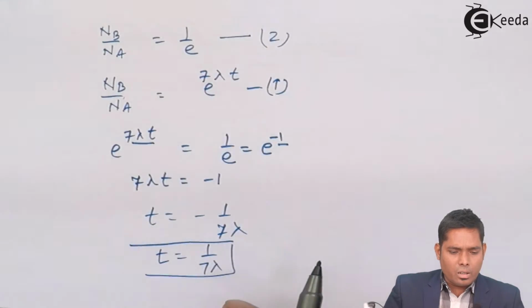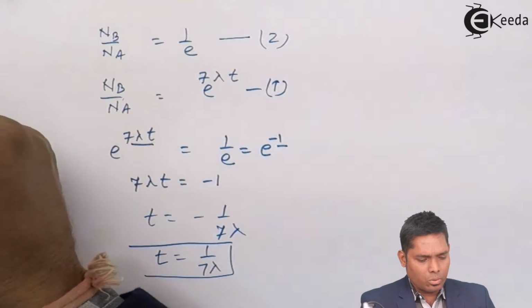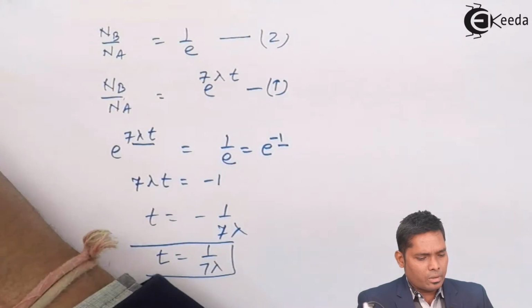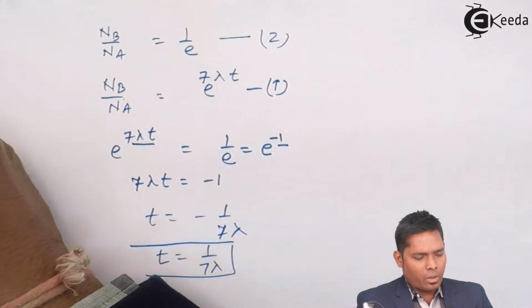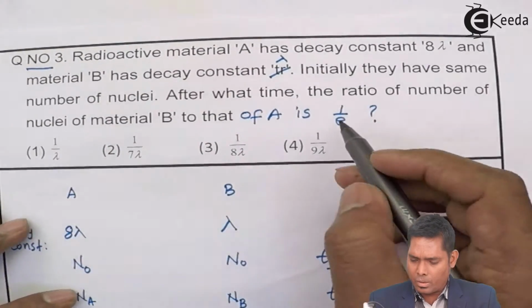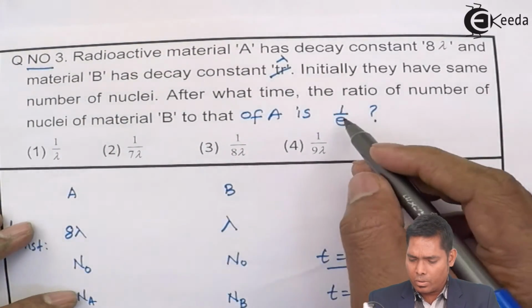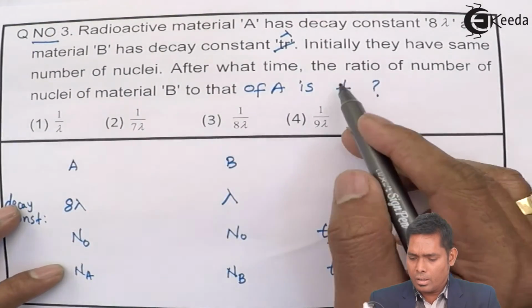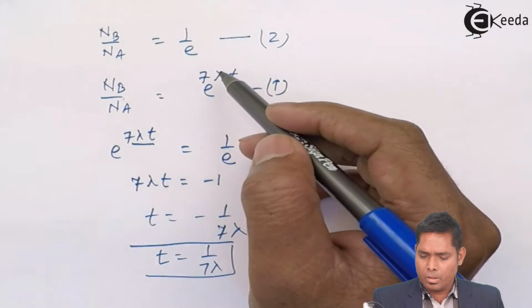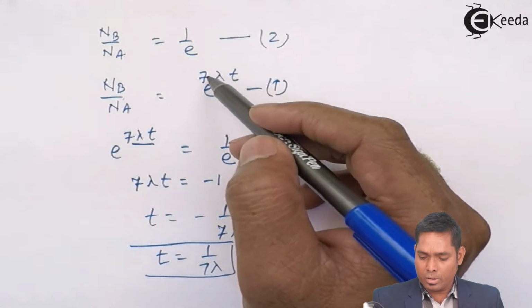So this is the answer to this question, and it might be e, I don't know, because this depends on this question. It might be e also. I have to see that question. If it is e, then this will be 7 lambda directly.